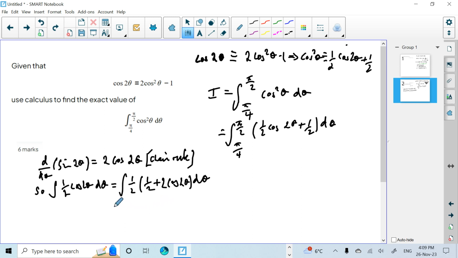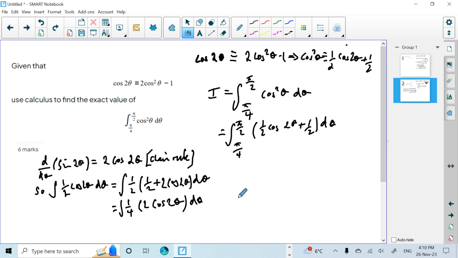Now that will give me the integral of 1/4, 2 cos 2 theta d theta. And of course, that's the reverse chain rule, really.